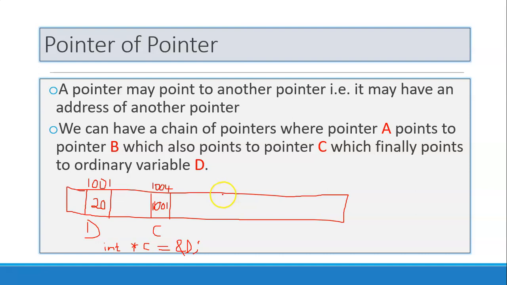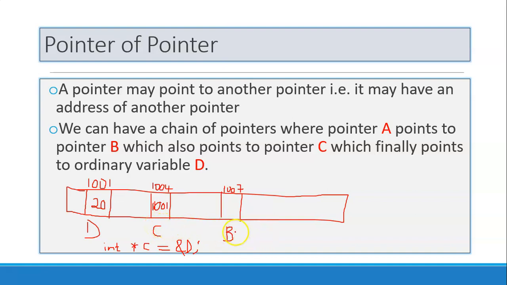But we can also declare another pointer, pointer b, which is not pointing to any ordinary variable, but is pointing to pointer c. Let's give b an address, probably 007, and it is pointing to pointer c.